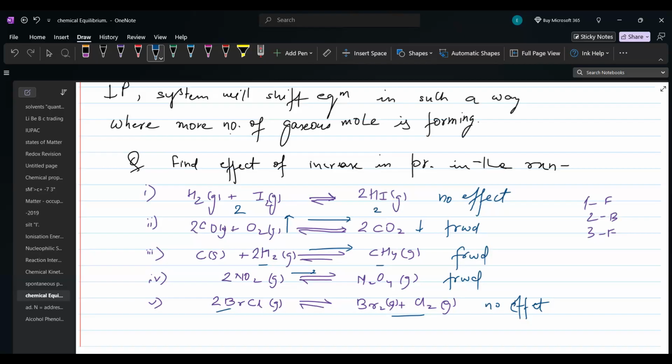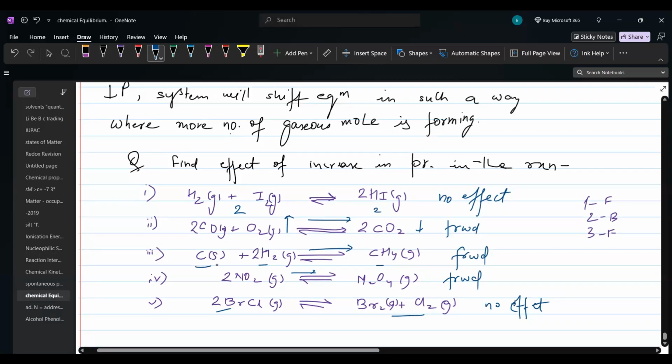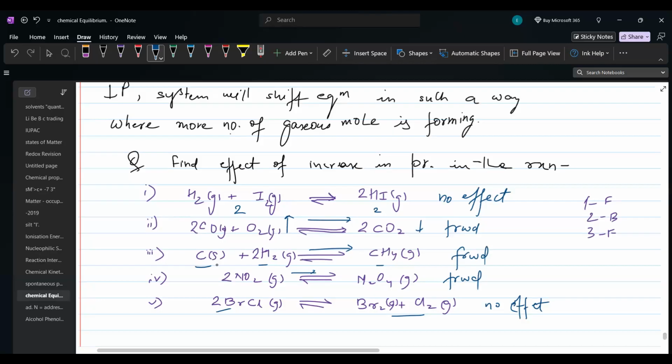Now the third one. Understood, Jaslin? Yes, sir. First of all, what is different about the third one? We have to leave out this carbon, which is in solid state. We already know that we only have to check the gaseous moles. On the reactant side we have two, on the product side we have one.